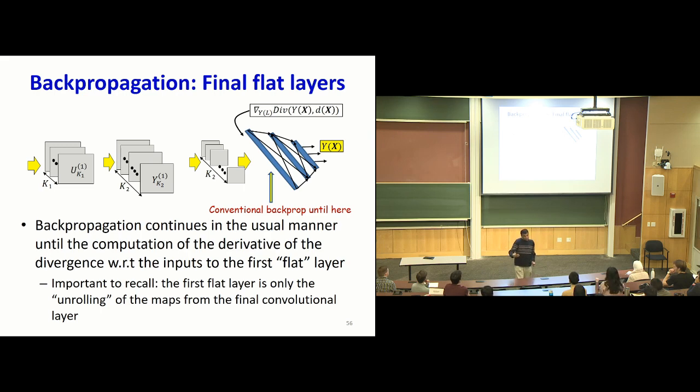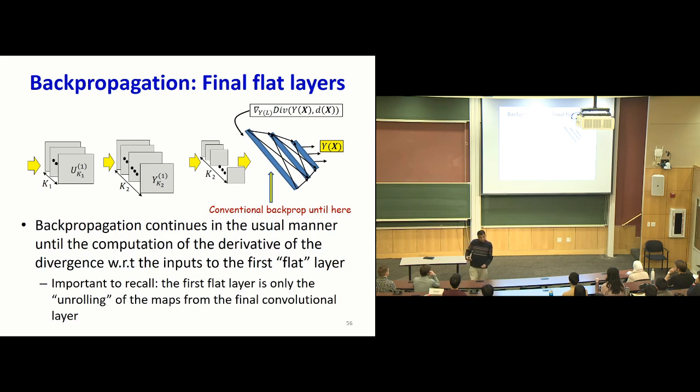Now, as I go back through the network, I'm computing two kinds of derivatives. First, I'm computing derivatives with respect to the parameters themselves, which are the weights and the biases. But then I'm also always computing derivatives with respect to the output of the previous layer, right? So by the time you come to this position, you actually have the derivatives with respect to the outputs of the final convolution layer.